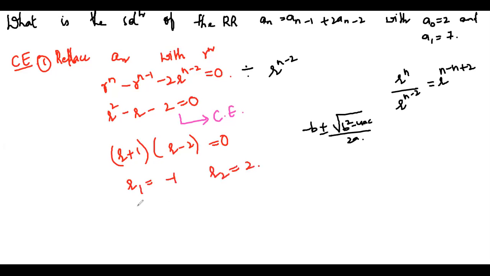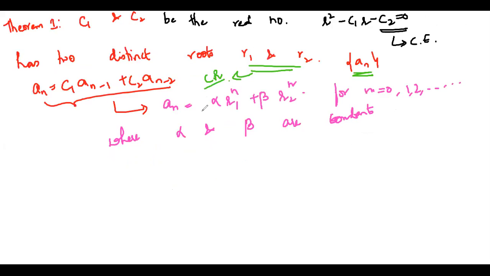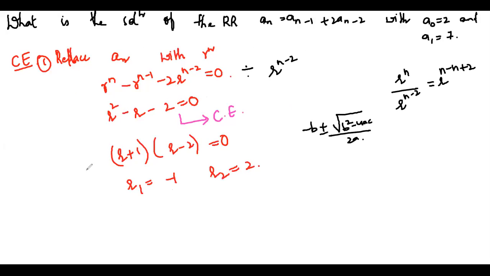Now, the sequence a_n is a solution to the recurrence relation if and only if we get it in this form. So the formula, if you remember from the previous theorem, was a_n is equal to alpha r1^n plus beta r2^n. Let me write it over here.